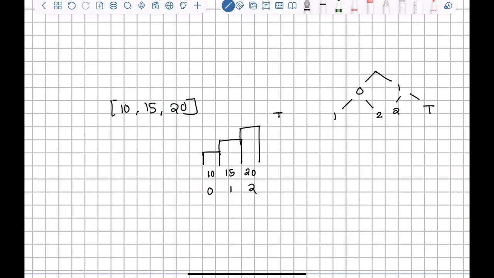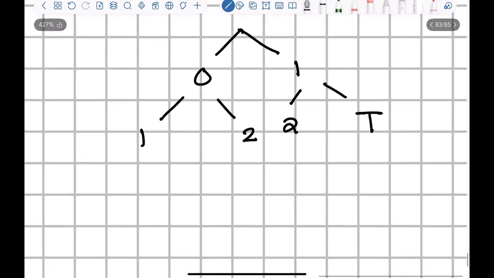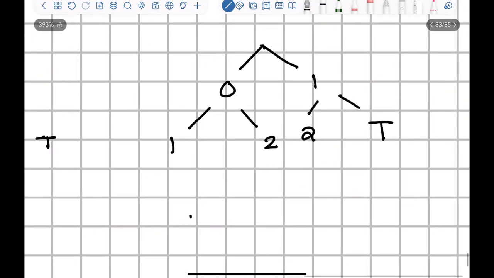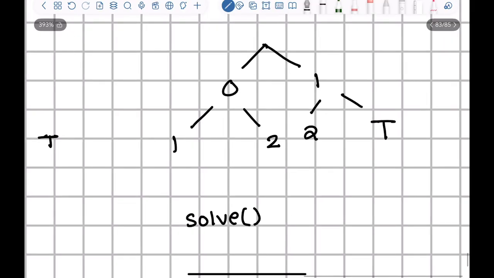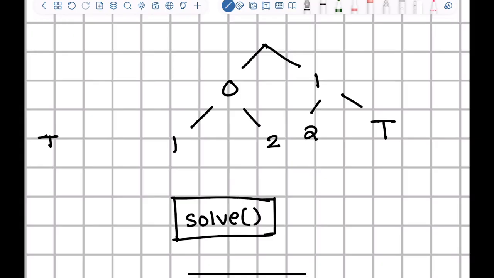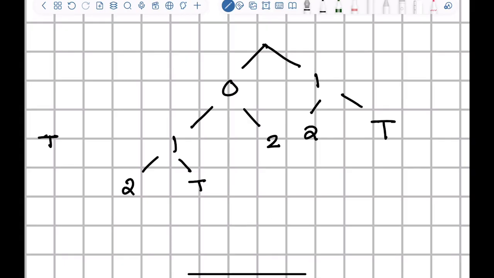So basically, you need to understand what the recursive function would look like. What would the recursive function signify? It would signify the cost that we're going to take to reach that particular place.